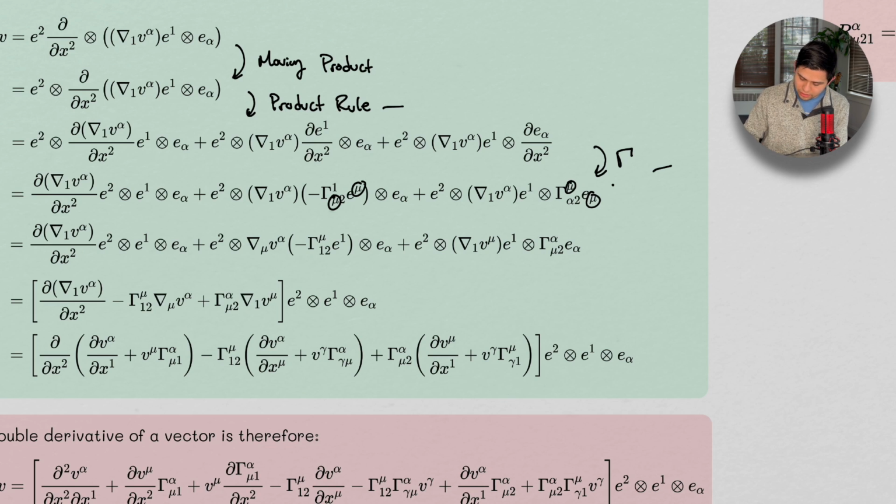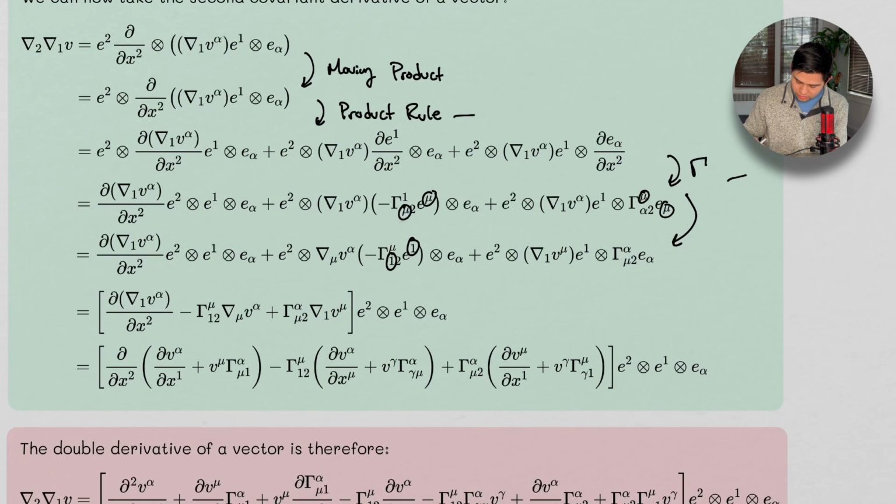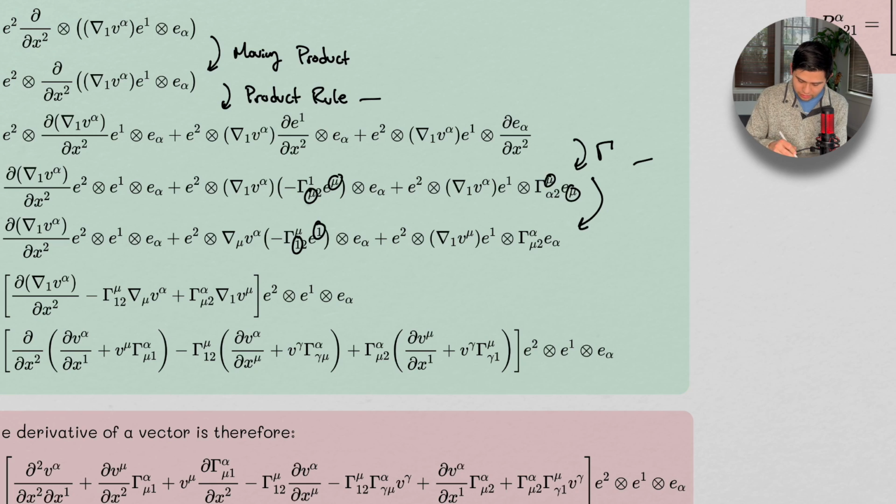here, so now we go from here to here by renaming dummy indices, right? So we rename these dummy indices. Right here, I'll erase some of this.